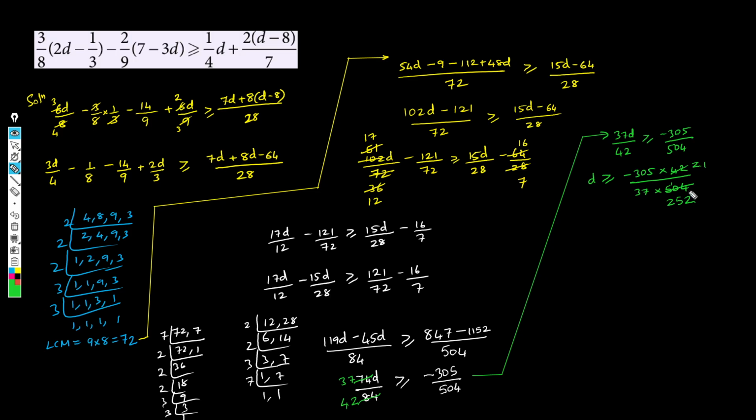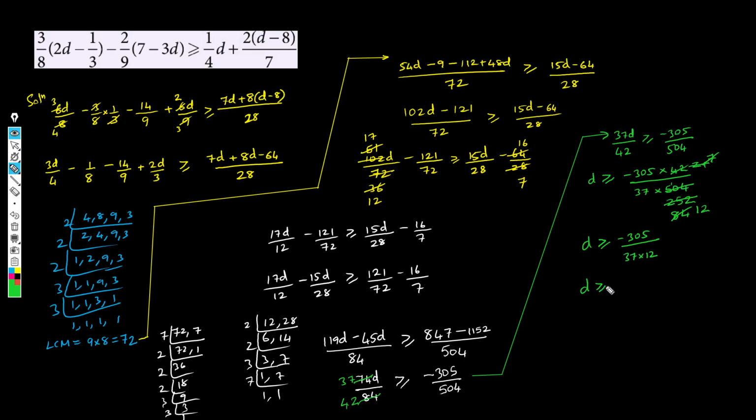I can divide the 21 and 252 with 3 if I'm not wrong. 3 8s are 24, 3 4s are 12, 3 7s are 21. Again, 7 and 84 goes, 7 12s are 84. I am left with D greater than or equal to minus 305 by 37 into 12.